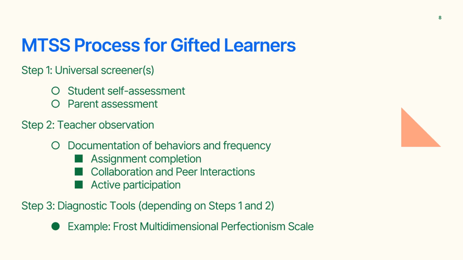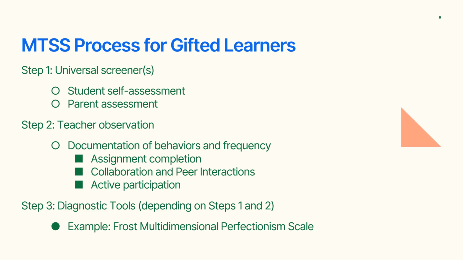This is the way in which your team will identify who those struggling students are. This is often a student self-assessment or a parent assessment. Both tools can be used with gifted learners, but it is important to remember age and appropriateness when determining which assessments your team wants to use.